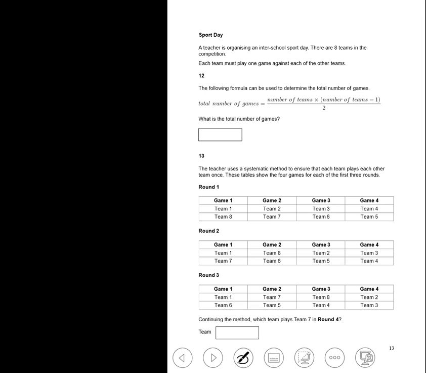So here it's fairly simple. You've just got a formula that you need to follow. Total number of games is number of teams, which is 8, it tells you, times by number of teams minus 1. Whether you do 8 minus 1 equals 7 and just put a 7 in there, or literally write 8 minus 1, it's the same thing.